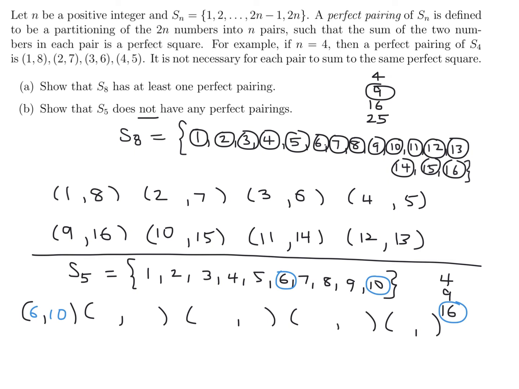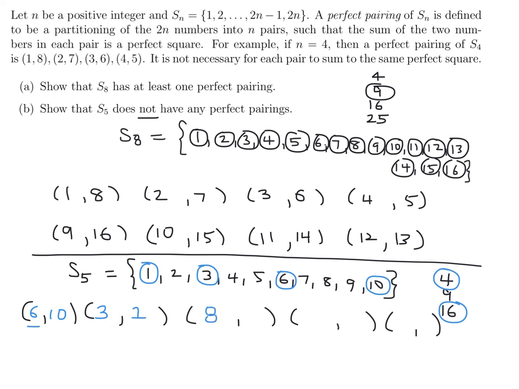I'm going to try to make another perfect square with 3. If I make a 3, well, there's no 13 obviously, but how about 3 and 6? But 6 is already taken, so I can't use 3 and 6. So I would have no choice but to put a 1 in there, and that would make a 4. Now, if I put this 8 here, then how can I make a perfect square?